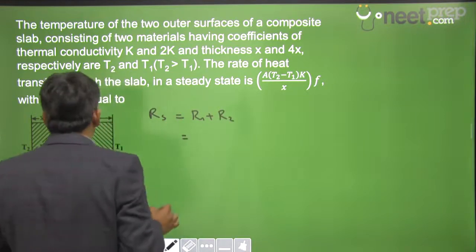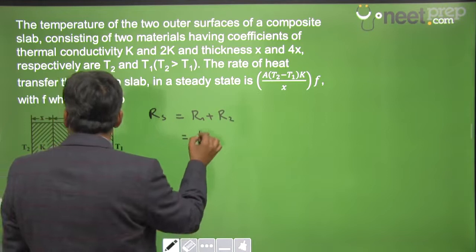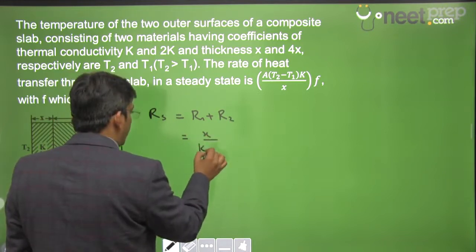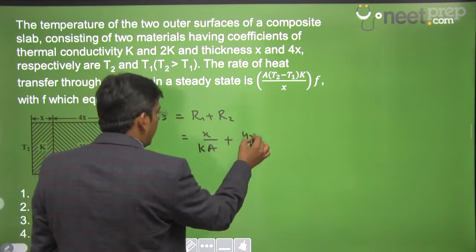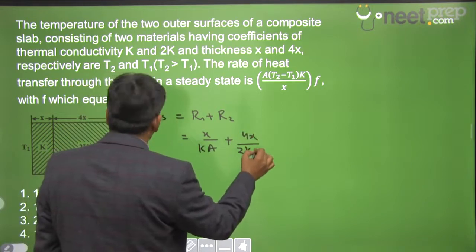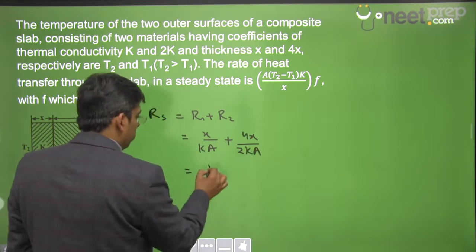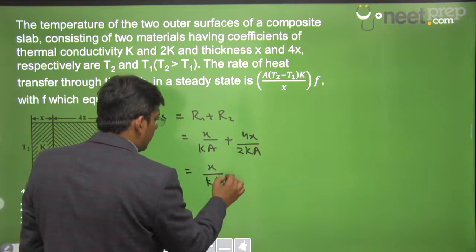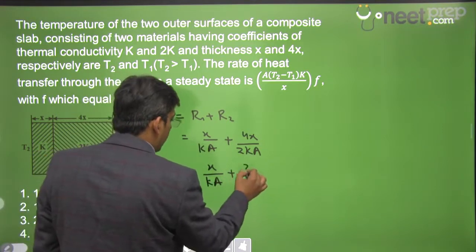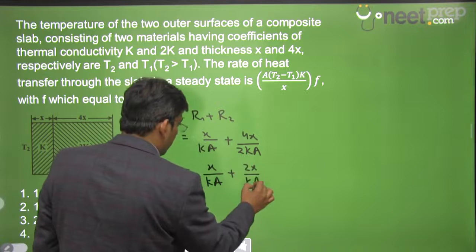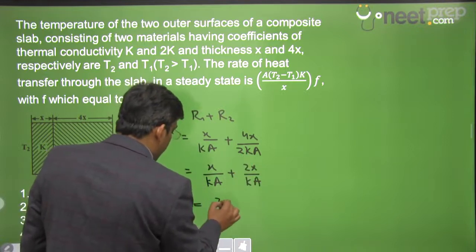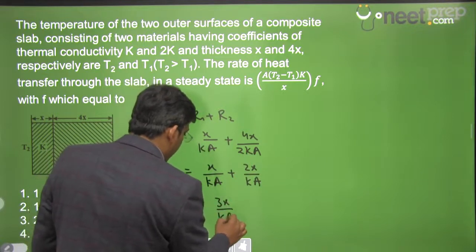So this is L by K into area plus L by K into area. This is X by KA plus 2X by KA. We are going to get the resistance as 3X divided by K into area.